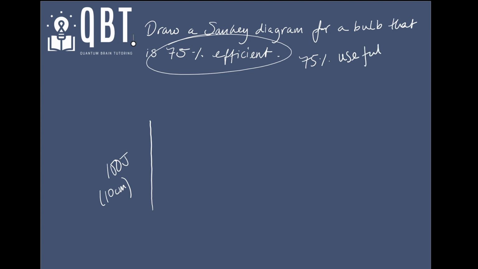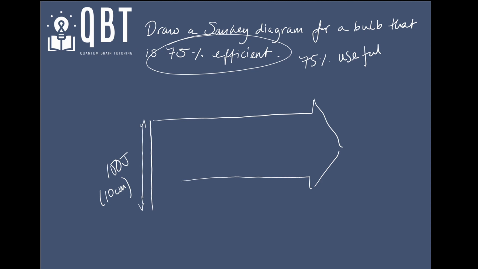So 75% of this needs to be useful energy. When I draw the line, it needs to be 7.5 centimeters long, roughly this.